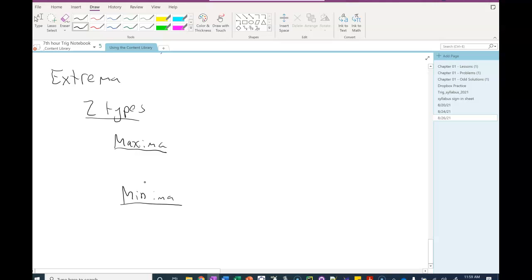So a maximum is a relative high point in a graph. There are two types of maximum. There are global or absolute, which would be the highest point or points, could be tied for first, in the entire graph.